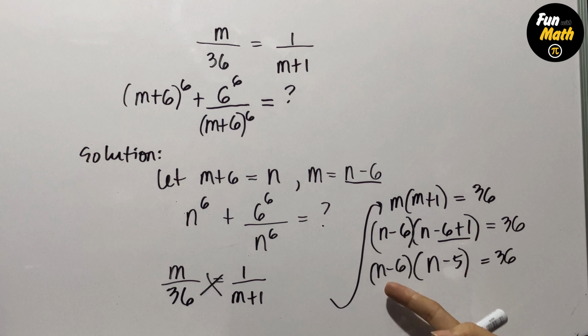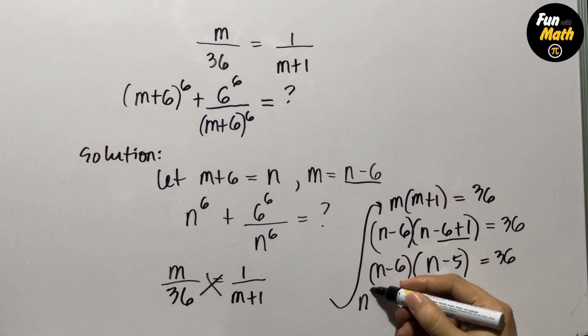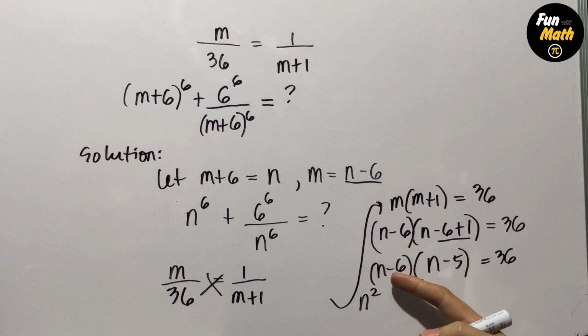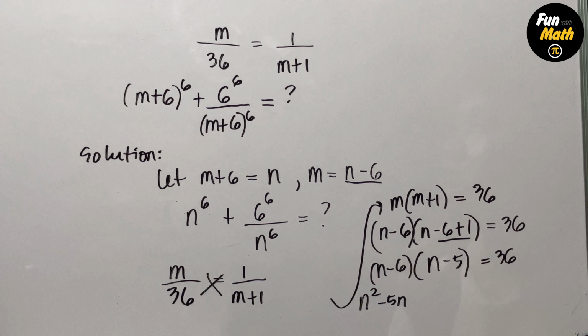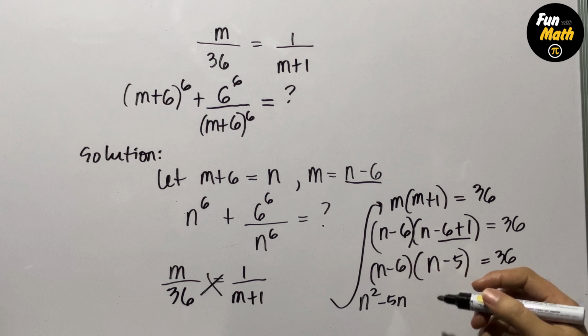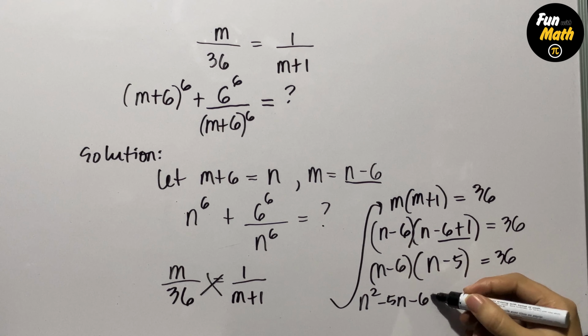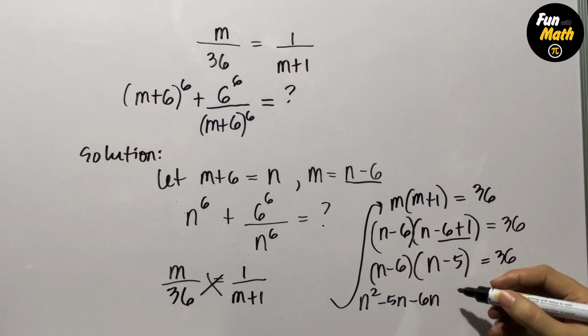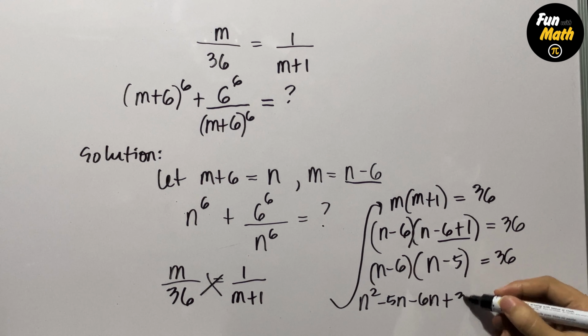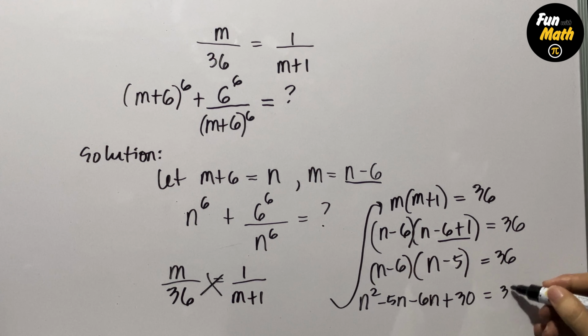First, n times n, that is n squared. Outer, n times negative 5, that is negative 5n. Inner, negative 6 times n, so negative 6n. Last, negative 6 times negative 5, that is positive 30, equals 36.